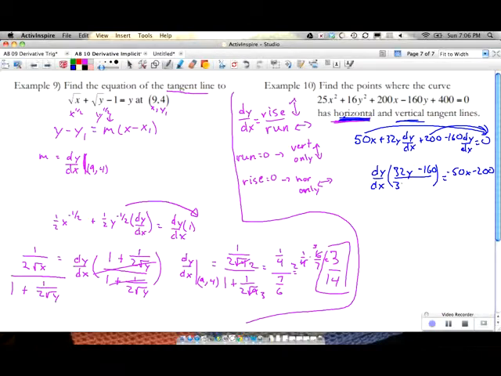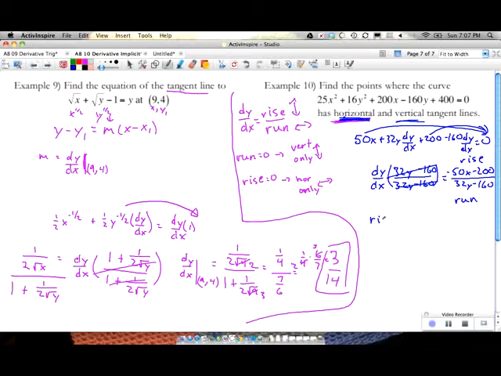So if we were to simplify this and get dy/dx by itself, then we'd have 32y minus 160. So we got a numerator and a denominator. In other words, a rise and a run.